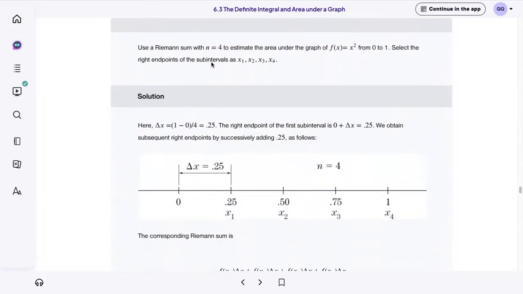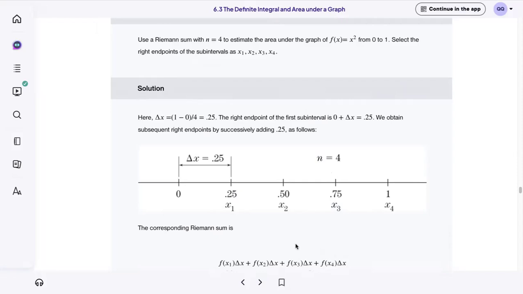This one is divided into 4 parts, so n equals 4. So from 0 to 1, well, 1 divided by 4 is 0.25. So each width of the rectangle is 0.25. Then we need to evaluate the function value, the height. So take the right one as x1.